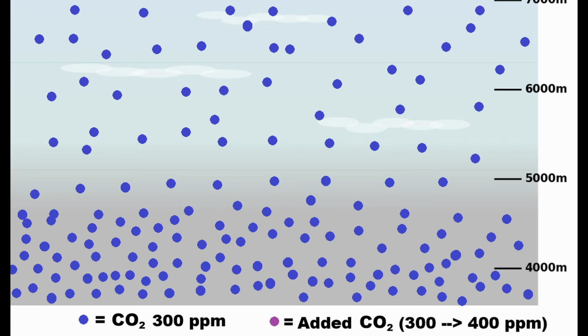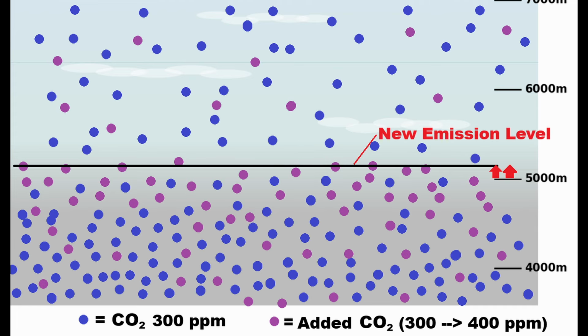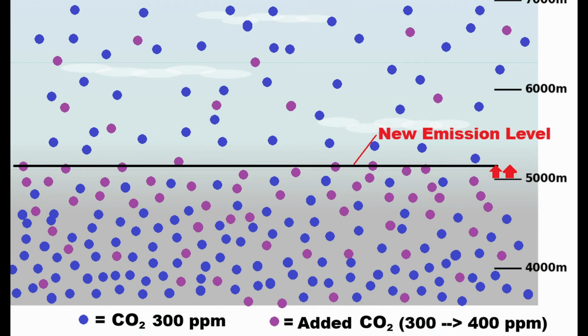It increases at the surface, it increases at 20 kilometers, and it increases right above that line where it was before free to escape. But since we have added to the number of CO2 molecules, the density hasn't changed. The air density is the same, but the CO2 concentration has increased.